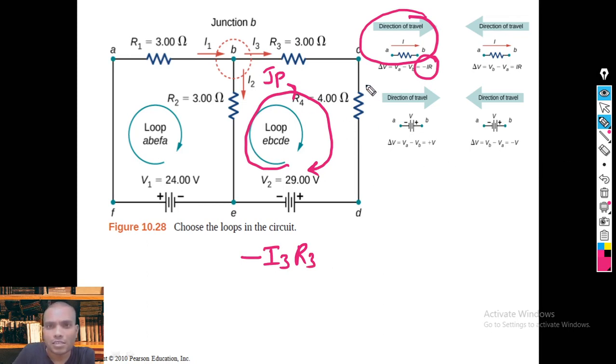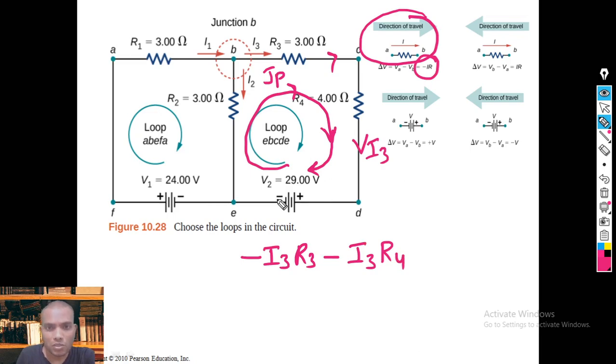Now when it comes to resistance R4, the same current I3 passes across R4, since it is in the same branch between C and D. My direction in the loop and the current across the resistance are in the same direction, so here I need to represent that as minus I3 R4.